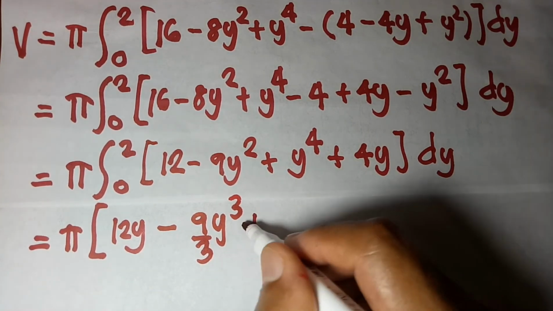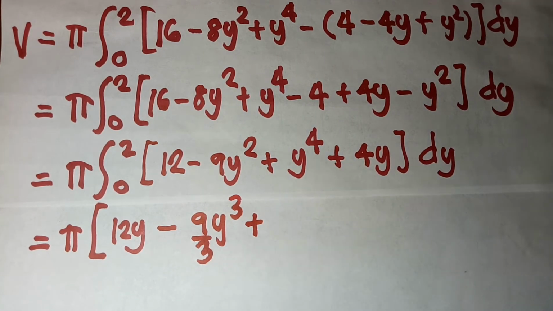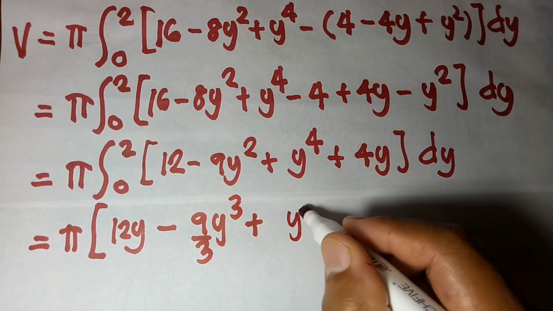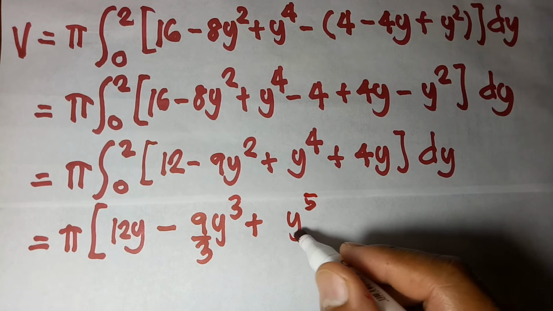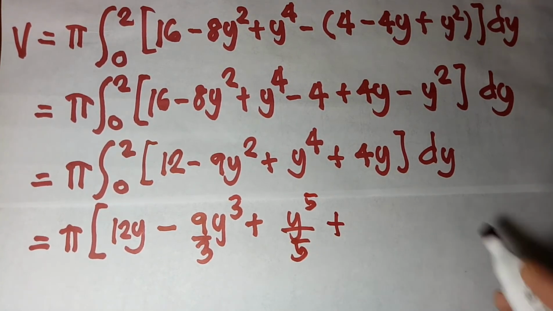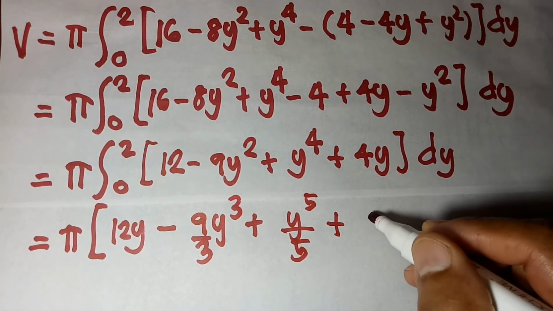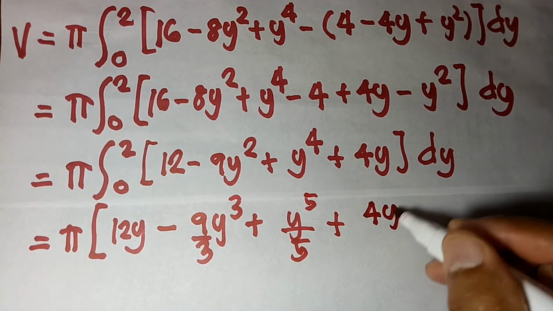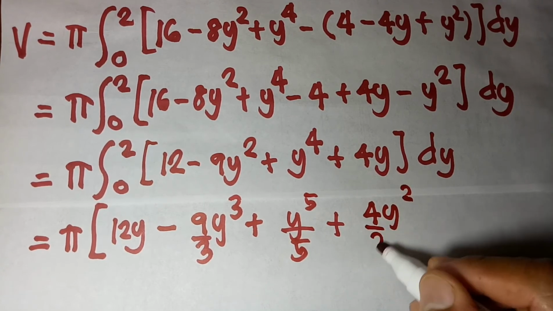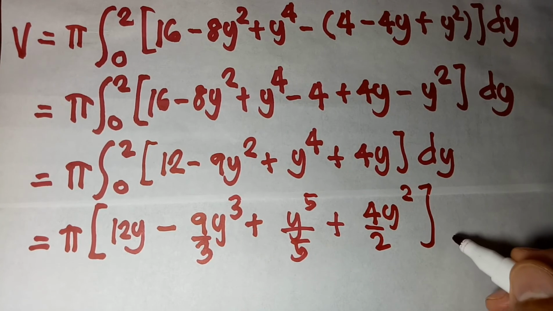And then plus integral of y to the fourth dy, y to the fifth, and then divided by 5. And integral of 4y dy is 4y squared over 2. And then from 0 to 2.